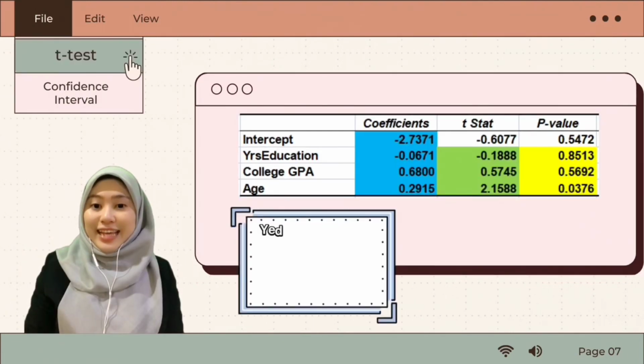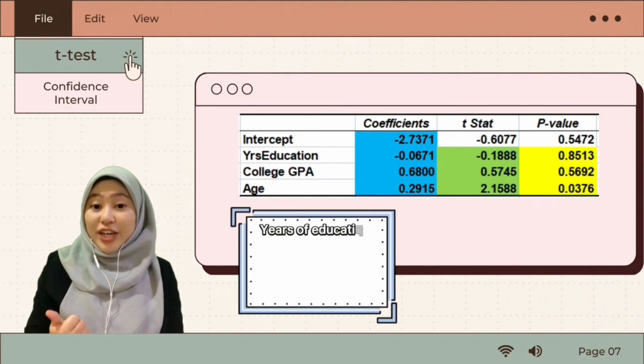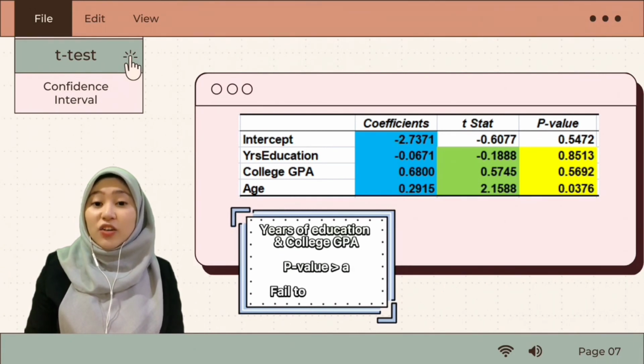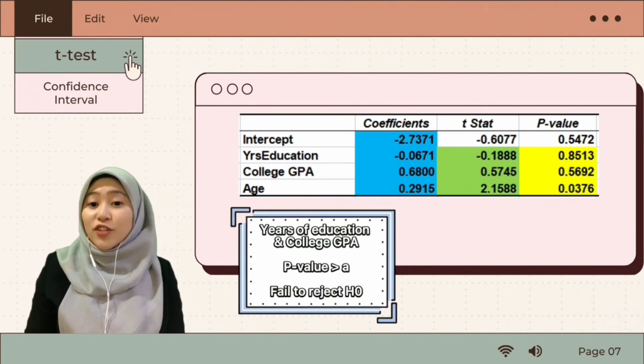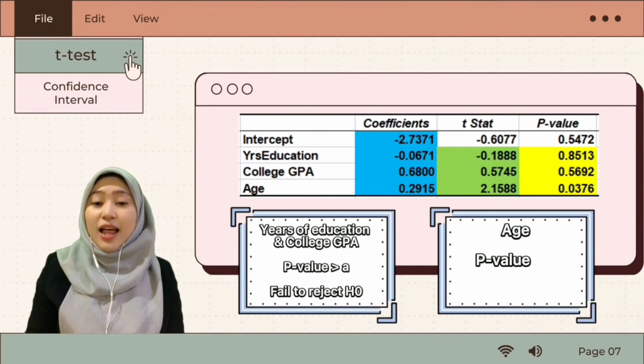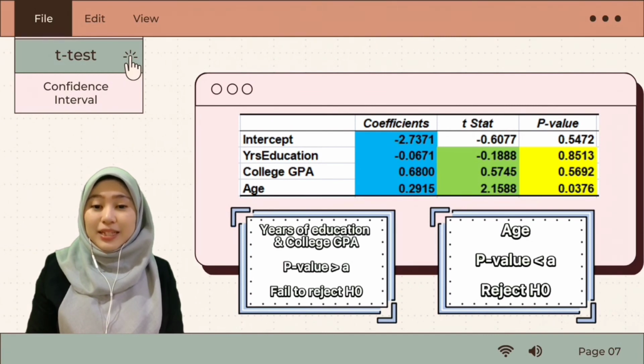Moreover, the T test: for years of education and college GPA, the p-values are 0.8513 and 0.5692, which are greater than the significance level 0.05. Thus, we fail to reject the null hypothesis. While for age, the p-value is 0.0376, less than the significance level 0.05. Thus, we reject the null hypothesis.